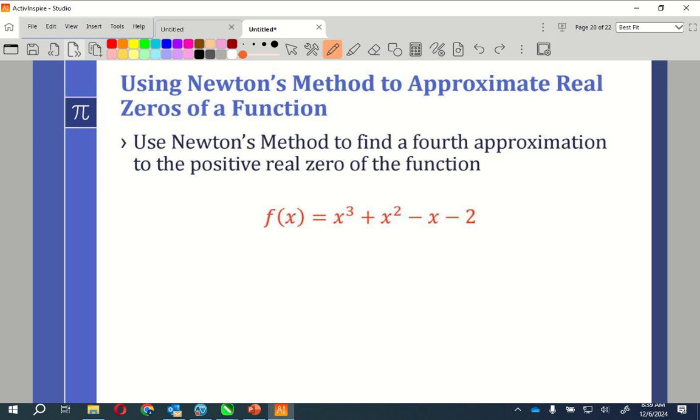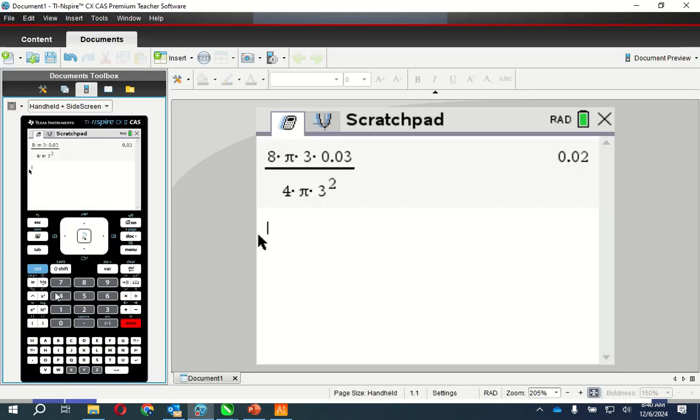So starting with integers, if I plug in 0, so f of 0, so you guys are going to help me read this so I get it right.